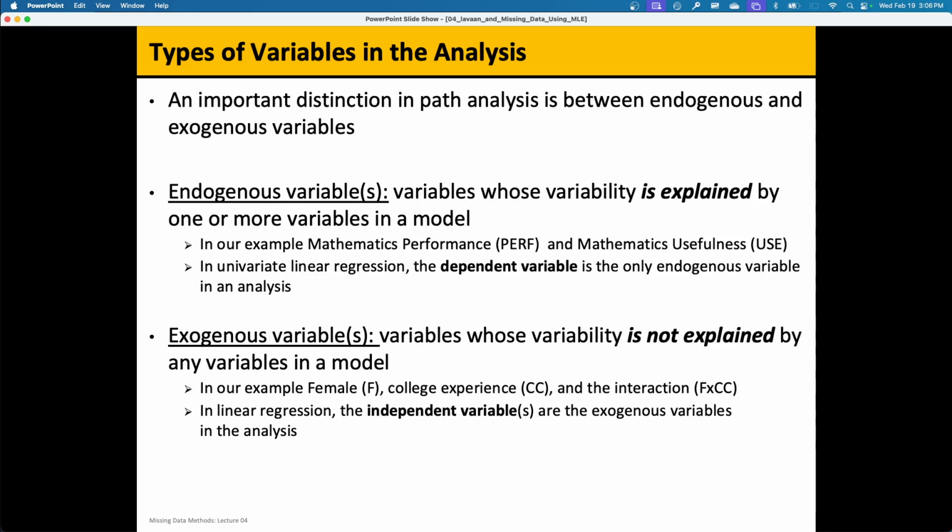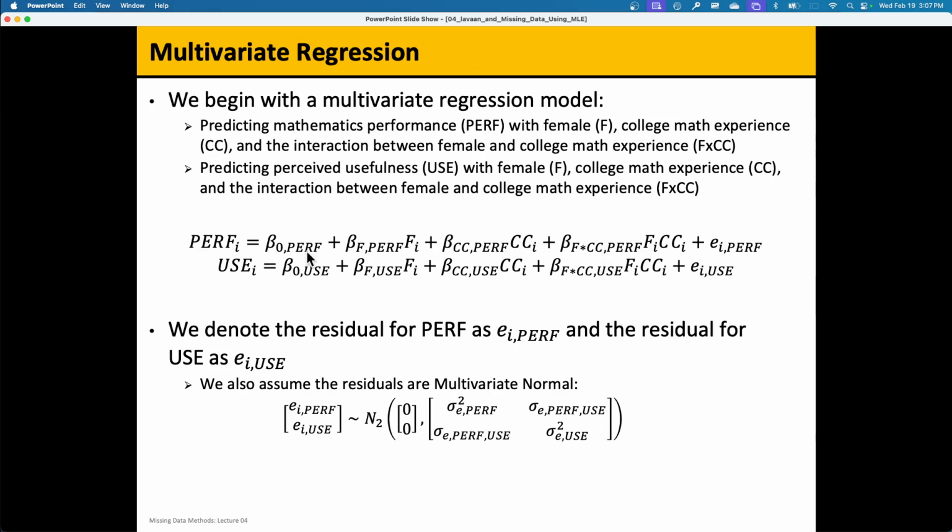So the difference between what I'm showing you here, multivariate regression, and full-on path analysis, is that in path analysis, some of the variables that are endogenous can also go and predict other endogenous variables. So if you think of a situation where CC right here is exogenous, but if we wanted to predict it based on someone's sex, female, it would also become endogenous at that point, right?